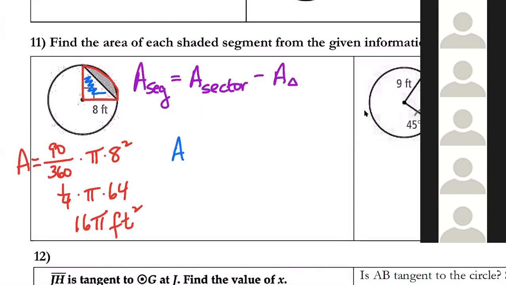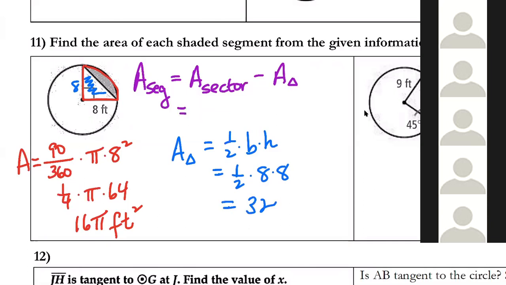So the area of the triangle would be 1/2 base times height. Since those are both radii, that's also 8. So 1/2 of 64. And that makes your answer: the sector is 16 pi minus the area of the triangle, which is 32 feet squared.